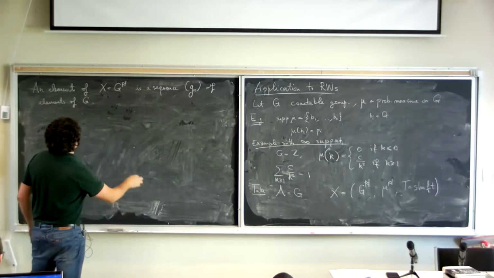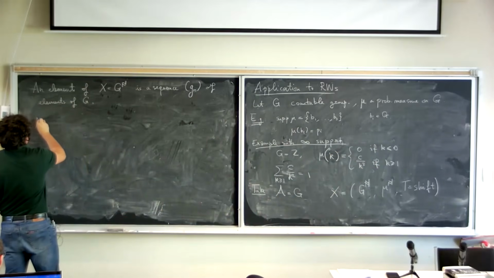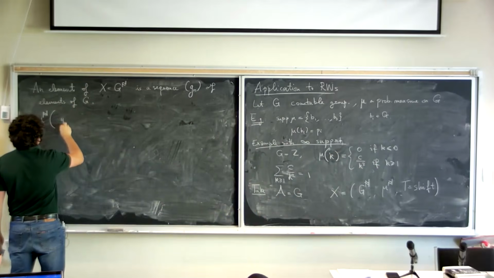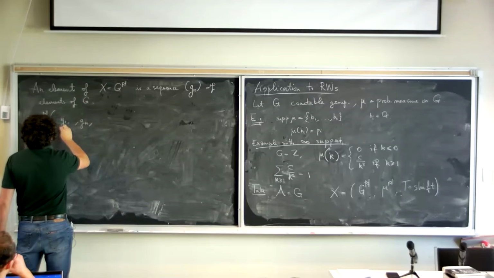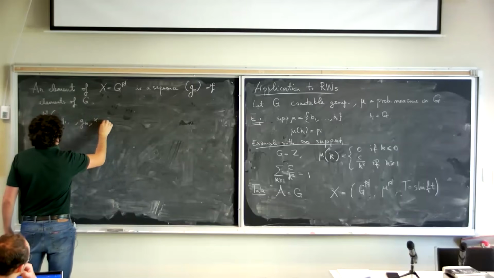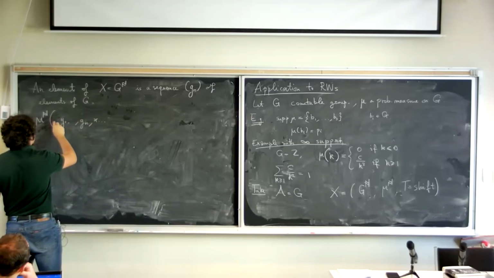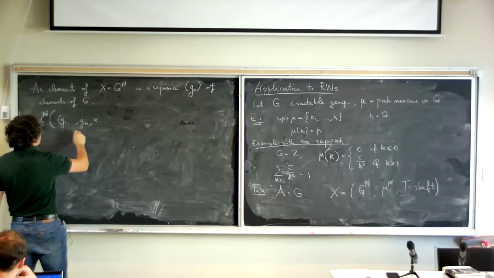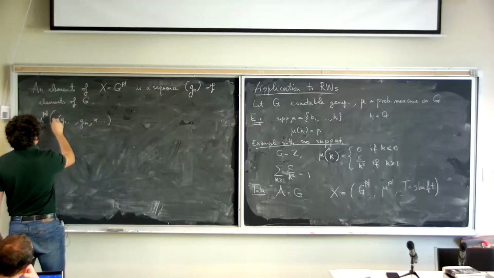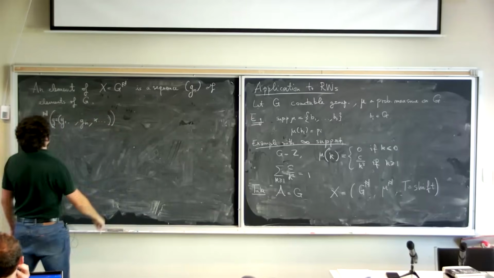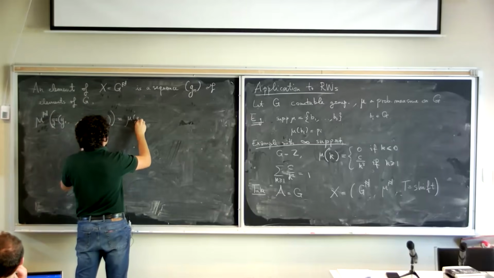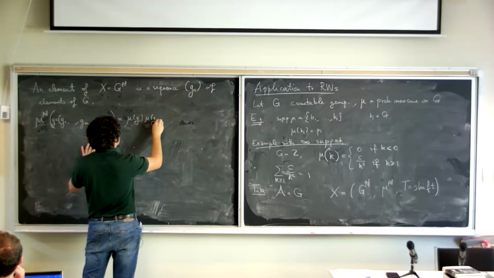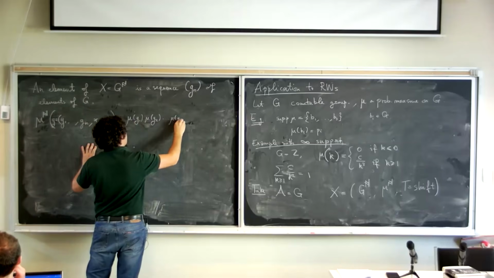So again, you have mu^N, and mu^N of a set of sequences g_1, ..., g_n, and then whatever, something. If you have a set of sequences like this, the measure of that set is mu of g_1, mu of g_2, ..., mu of g_n.